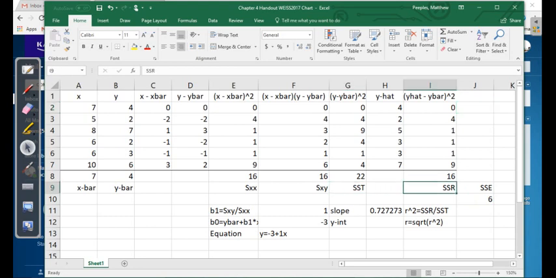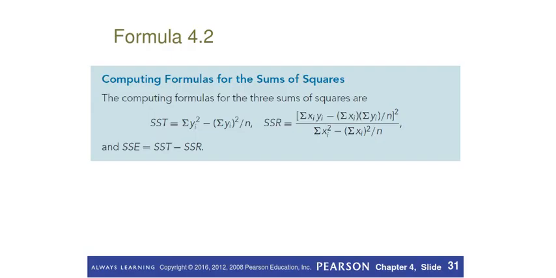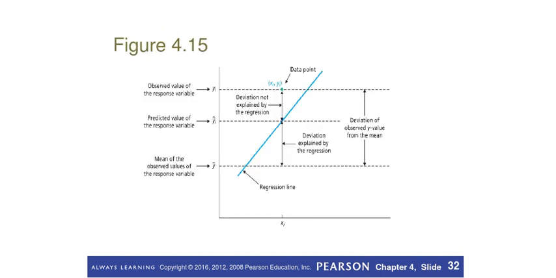Okay, well, what does all that mean? What we're talking about right here is that if we have a predicted value of our variable, y hat, right, which is somewhere along this line, for any y hat predicted, we might have the observed value. This is our data point up here, right? And then we have our mean observed values, right?